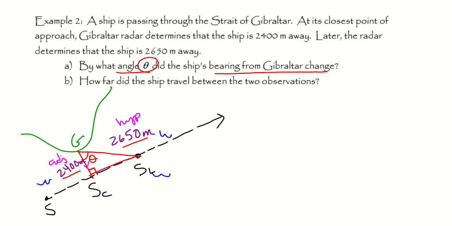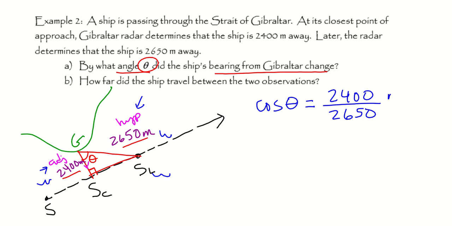Which trig function uses the adjacent and the hypotenuse? Well, that would be cosine. So the cosine of my unknown angle theta will equal the adjacent side, 2,400, divided by the hypotenuse, 2,650. By the way, these are both measured in meters, and like you do in science, you can divide out those units.